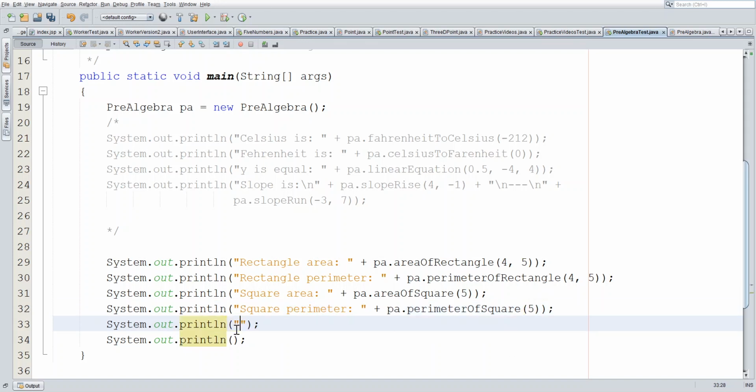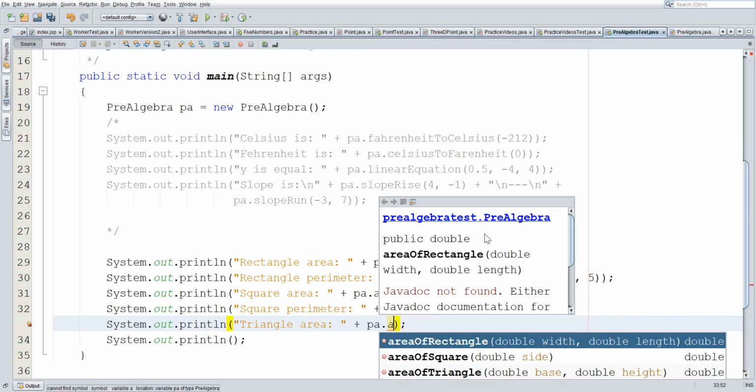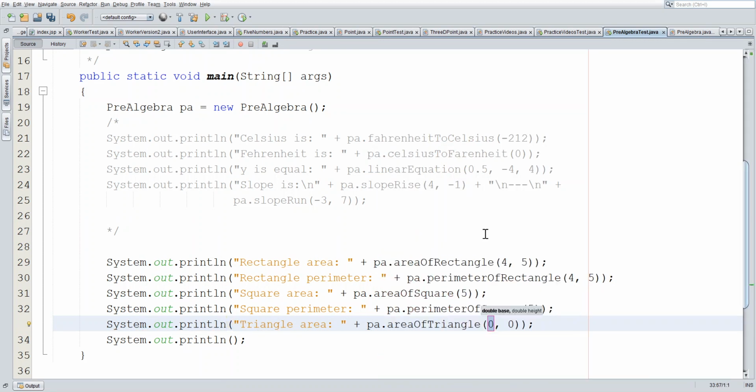Okay, so now we're going to go ahead and do triangle area. And we're going to go ahead and concatenate the method value. So we do our object, we call our method, area of triangle. Let's do 3 and an 8, I guess.